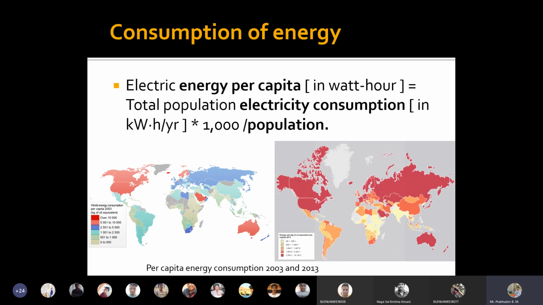There is a concept that if they use more power, that means they are more prosperous countries. But this has a negative impact on the environment, as they are going to produce more carbon footprints.